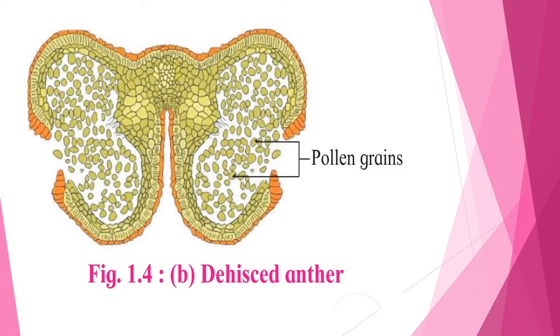These diagrams are the same diagrams given in the textbook, because for examination the diagrams you have to follow what is given in the textbook. Here you can see a dehisced anther. Dehisced anther means what? After maturation of the pollen grains inside the pollen sac, this area it is broken.